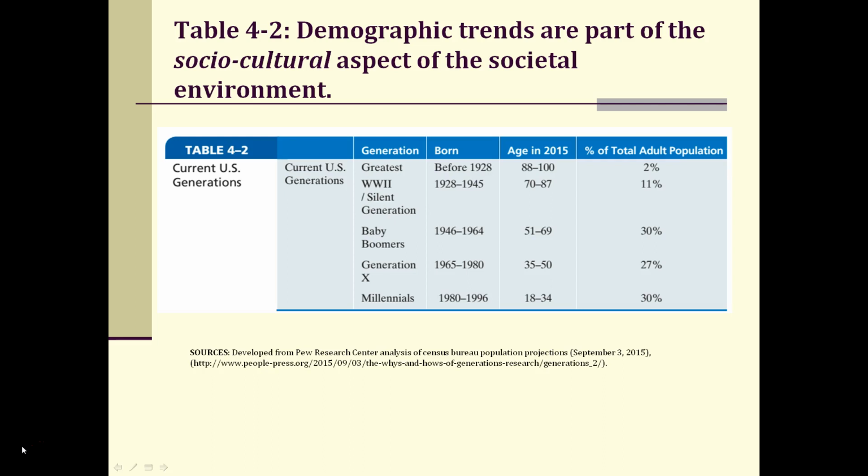So this group of 77 million people now in their 50s and 60s is the largest age group in all developed countries, especially in Europe. You can see the source from Pew Research Center.